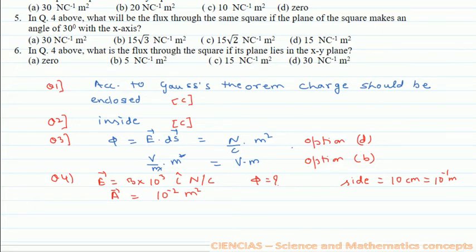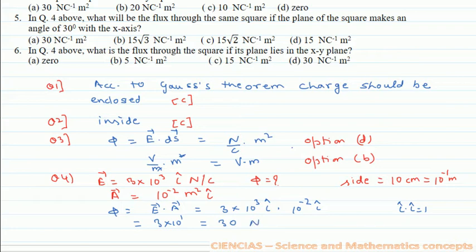Since the plane is parallel to the YZ plane, the area vector is along i cap. Flux is E dot A, that is 3 into 10 to the power 3 i cap dot 10 to the power minus 2 i cap. We know i dot i is 1. So this becomes 3 into 10 to the power 1, that is 30 Newton per coulomb meter square. In the question, option A is correct.